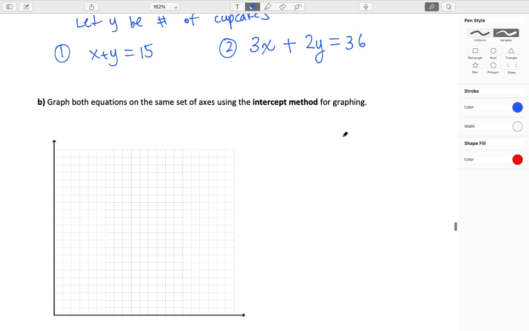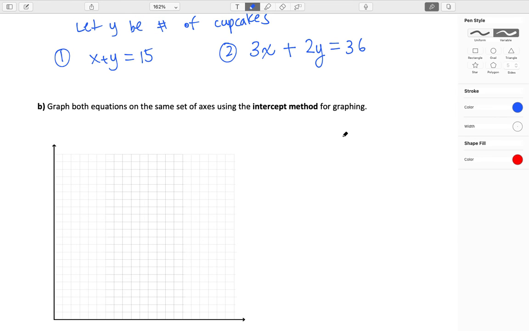So we are going to use the same thing, intercept method. So equation 1, X plus Y equals 15. Equation 2, 3X plus 2Y equals 36. Let's make a table.